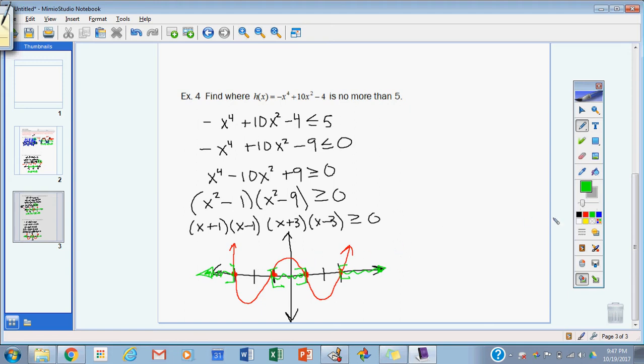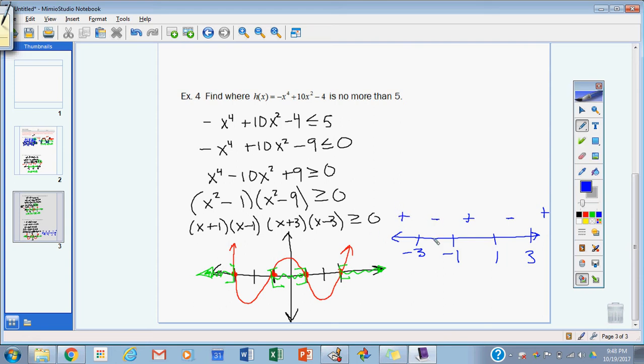If we weren't doing it that way, let me back it up to the testing of values. It's kind of the same concept. We would have the -3, the -1, a 1, and a 3. What we would get is a positive region right here, a negative region here, a positive region here, a negative region here, and positive.